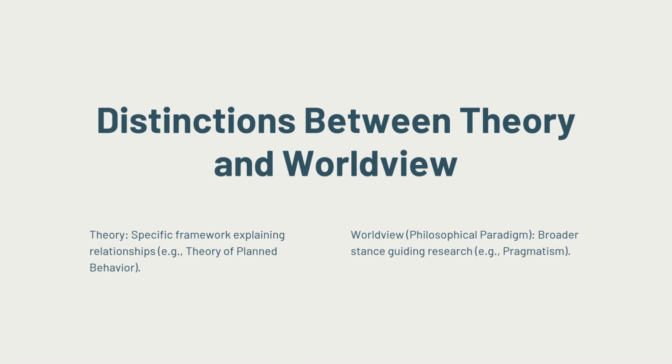For example, like the theory of planned behavior, which is widely used and widely popular in the field of consumer research. In the theory of planned behavior, we can see how attitude, subjective norms, and the perceived behavioral control are all related to the intention of the consumer to either do something or buy something.